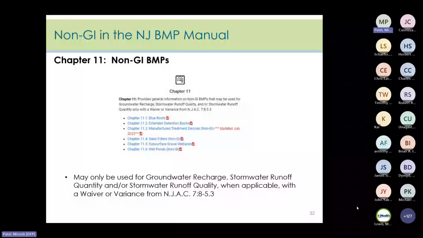The majority of MTDs currently do not have a soil or vegetative component, so they will fall onto this table here in Chapter 11. And then you see non-GI sand filters, subsurface gravel wetlands, and non-GI wet ponds to round out Chapter 11.